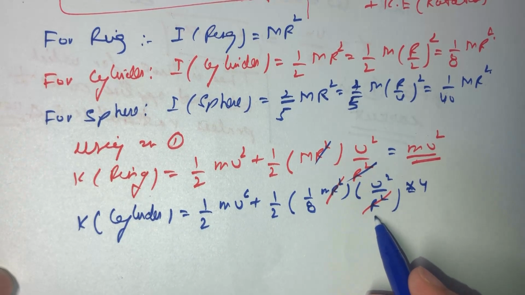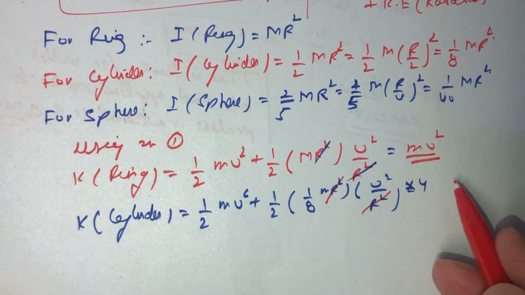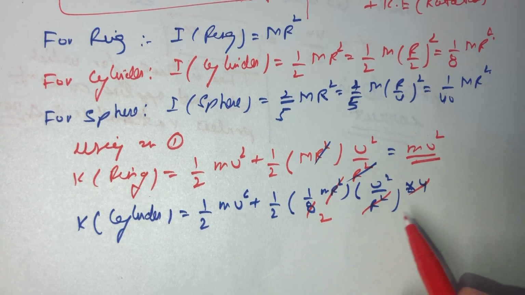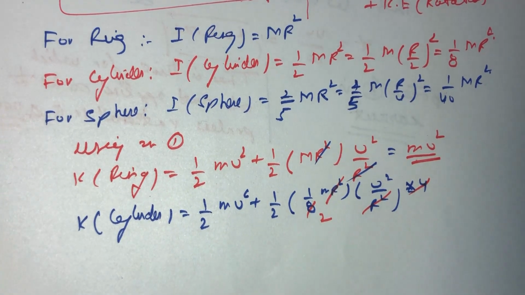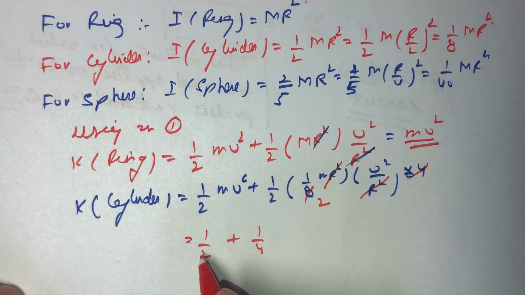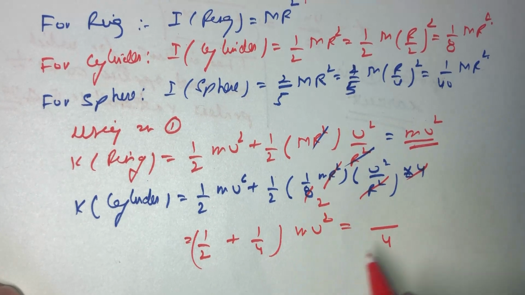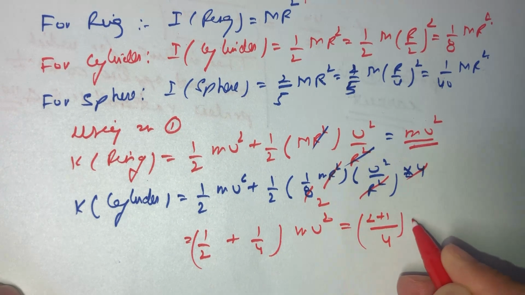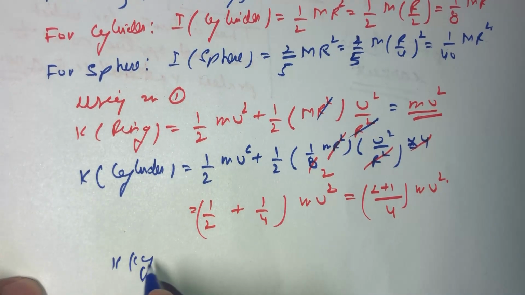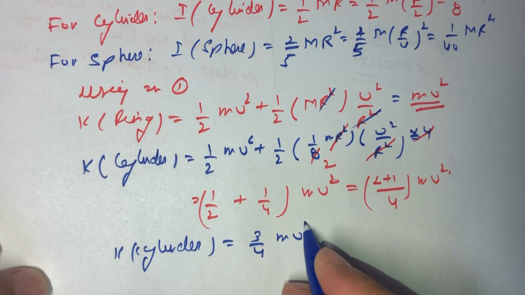This will be half plus 1 by 4 mv square, and taking 4 as LCM, this will be 2 plus 1 over 4, mv square, and we get K for the cylinder equal to 3 by 4 mv square.